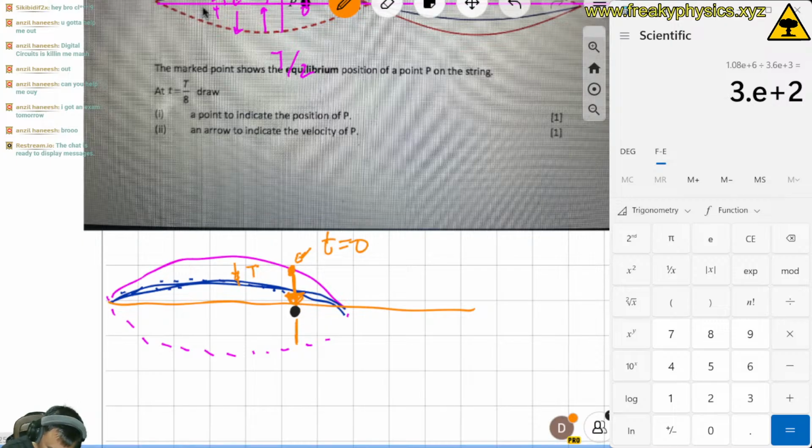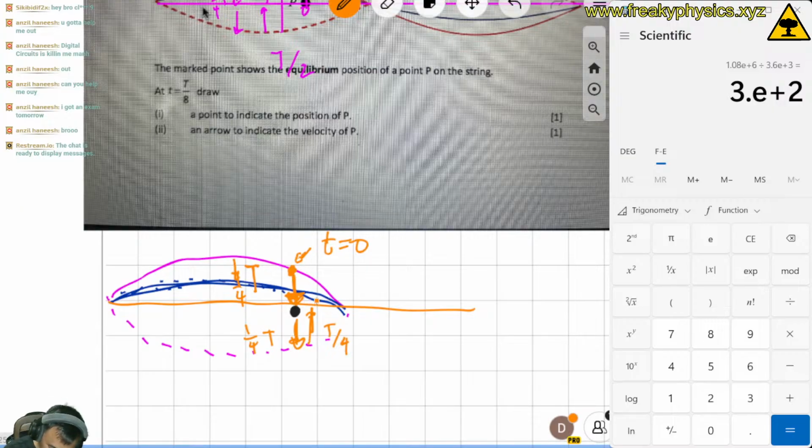That's going to be 1/4 of the period. So from t equals 0 to the equilibrium position, 1/4 of the period. Then from equilibrium to the other side of the wave, that's another 1/4 of the period. Then it will have to go up, which also takes 1/4 of the period, T over 4 again.